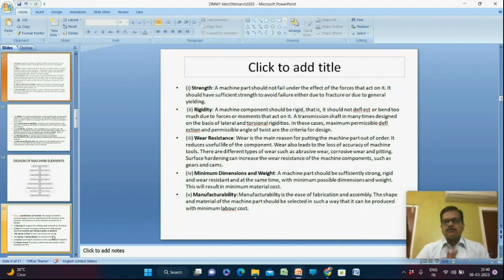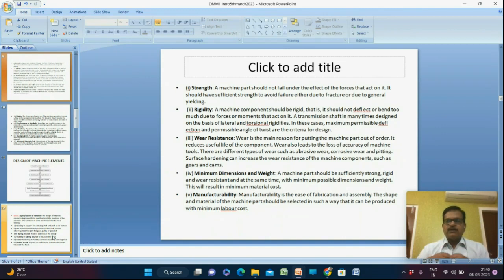So wear resistance is also one of the important attributes for the machine element, because when two machine elements are in relative motion, there will be friction and there will be wear. If the wear is going to happen at a higher rate, then what is going to happen?